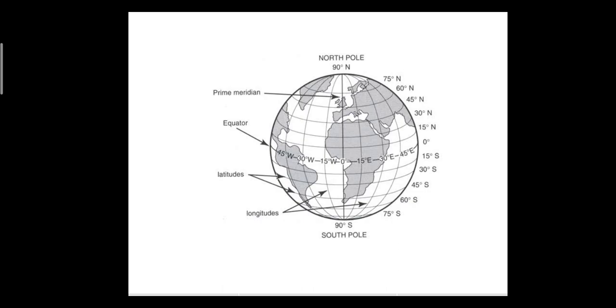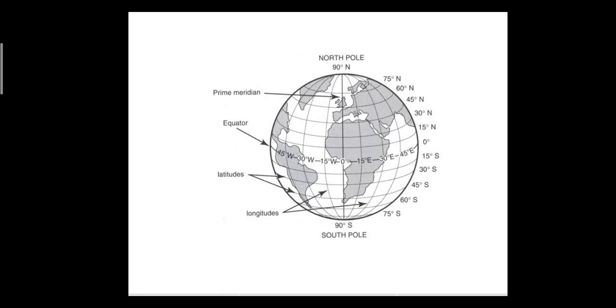Now here there is an image where you can see you have North Pole 90° north, we have South Pole 90° south, then we have the equator, which is in the middle, and it has the value 0°.